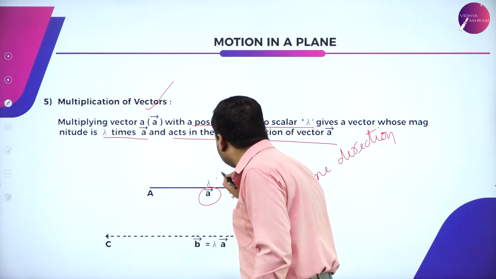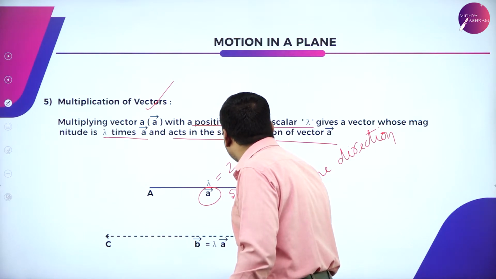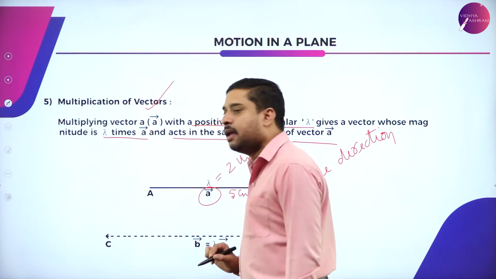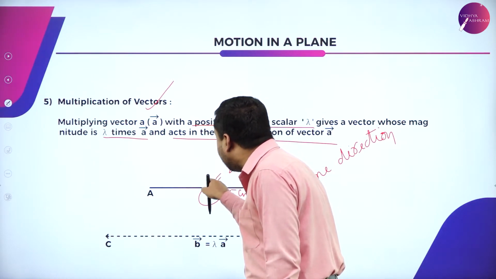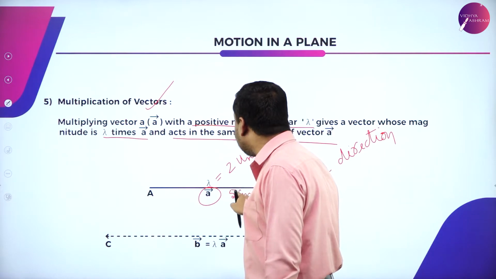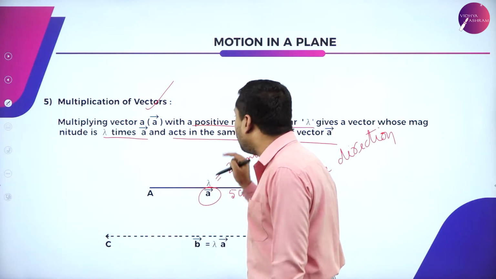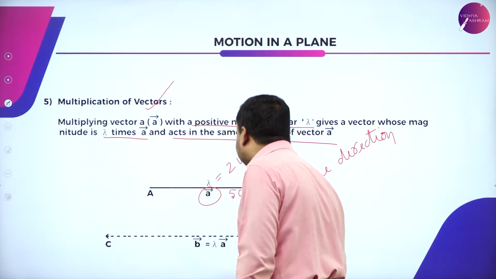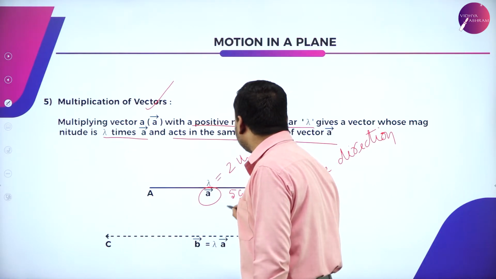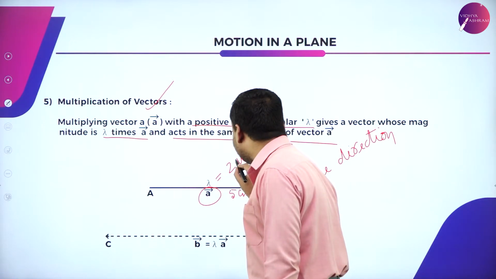Now suppose lambda is 2 units. I am multiplying vector A by lambda. Vector A is 5, 5 into 2 is 10. Then the length of the resultant vector should be 10 units.